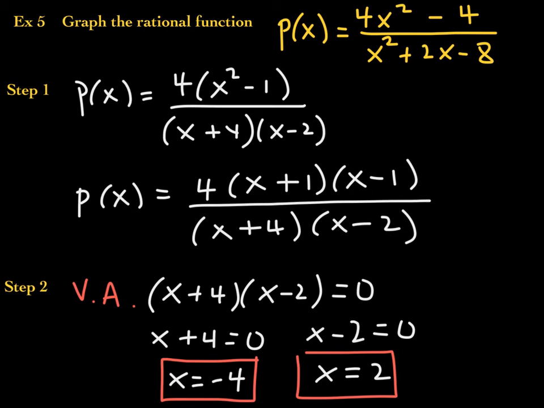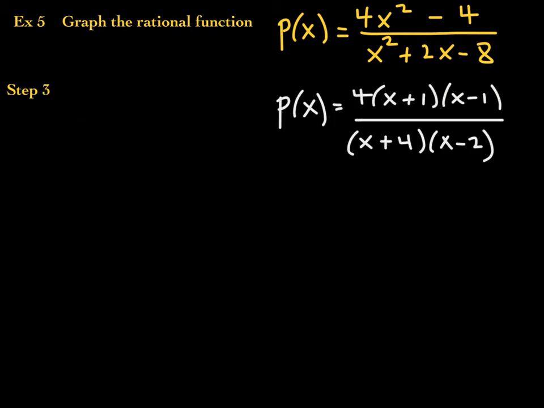Now let's move to the end behavior asymptote. Step 3. We must compare the degree of the numerator to the degree of the denominator. Notice that the degrees are the same. Whenever the degrees are the same, you have a horizontal asymptote. Okay? Now, the equation that defines this horizontal asymptote is y is equal to the leading coefficient of the numerator, which is 4, over the leading coefficient of the denominator, which is 1.